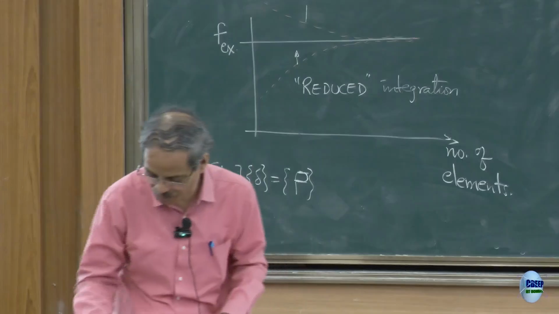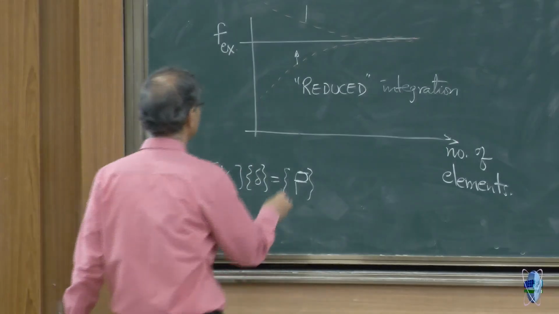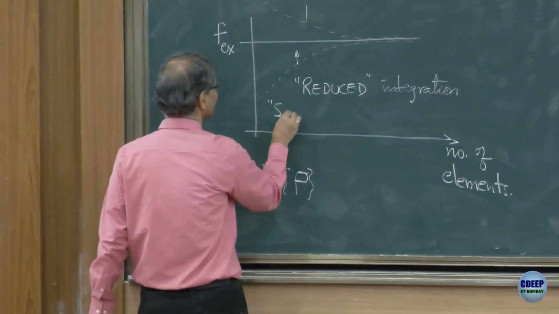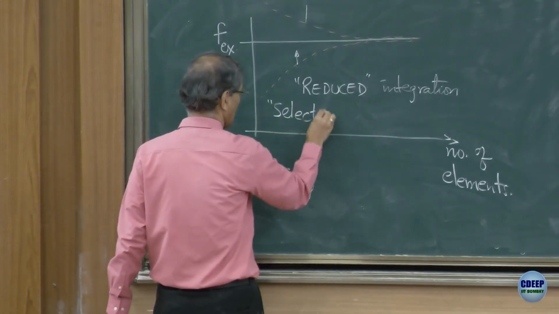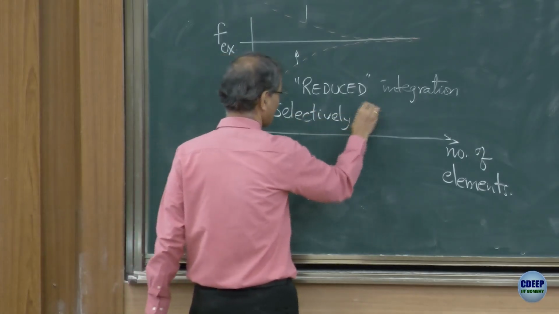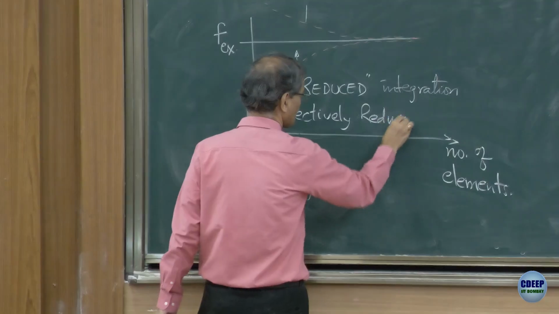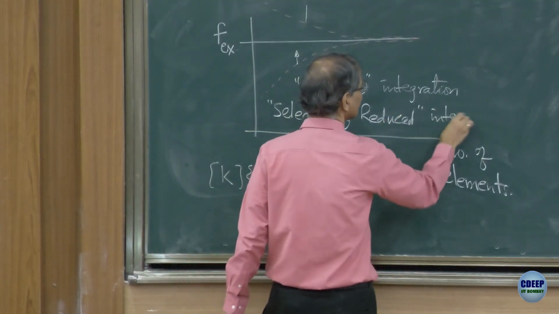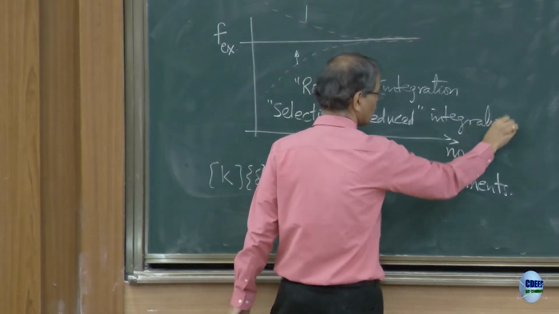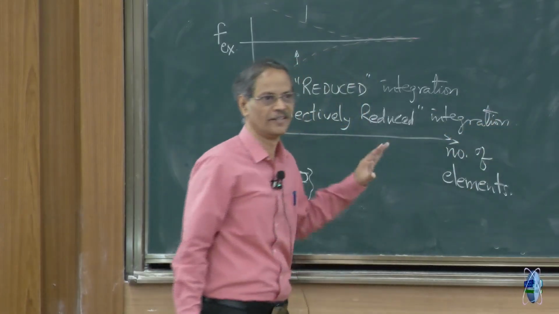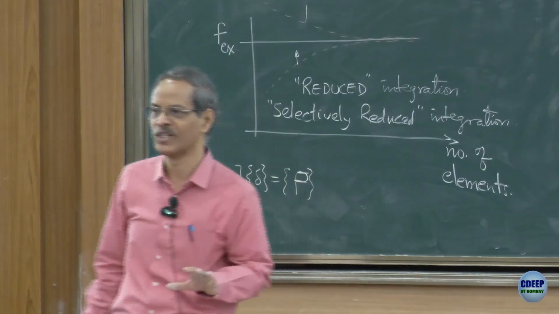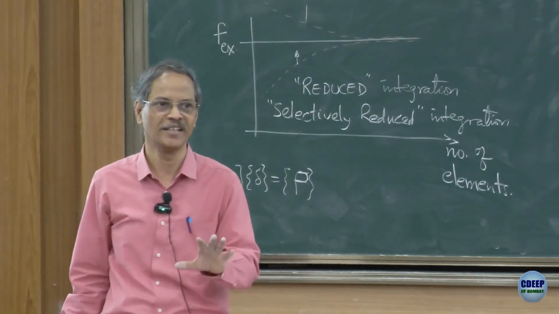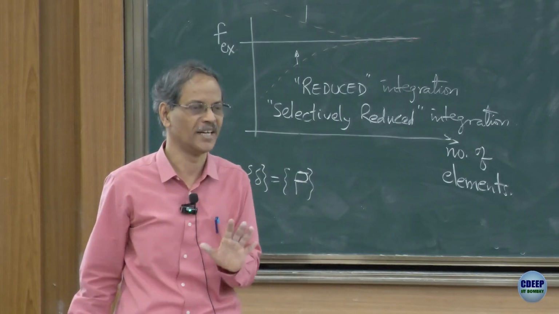So then somebody came up with the idea of what is called selectively reduced integration. I have given you the basic concept of integration rule, Gauss quadrature, and the Gauss quadrature rule idea.